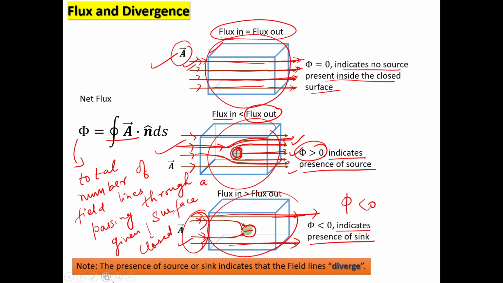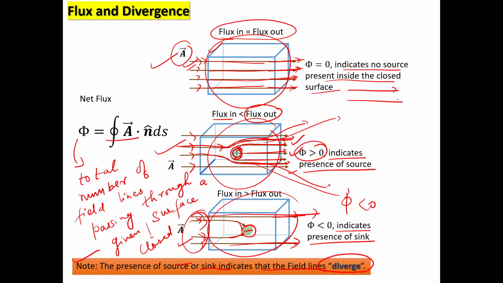So finally, we can say, as written in the note point, the presence of a source or sink indicates that the field lines diverge. If some source or sink is present inside the volume, then definitely the field lines will diverge. We can think about an example.